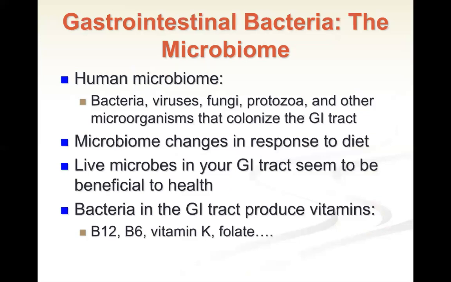However, the majority of the microbiome is found in the gastrointestinal tract. And we're learning more and more about them every day, but they may play a role in everything from Alzheimer's disease to obesity to diabetes to even possibly autism. In addition, they help us digest some undigestible nutrients, and they can produce some vitamins.